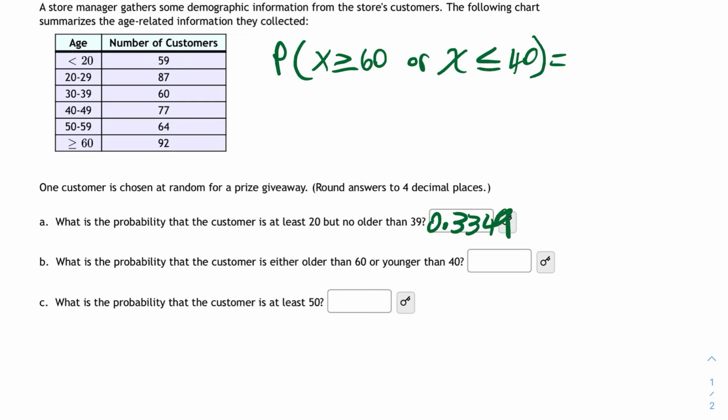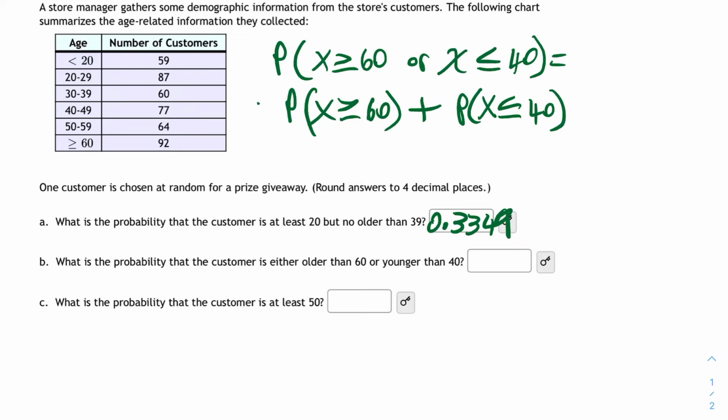So all I have to do to find the probability is add the probability of being greater than or equal to 60 to the probability of being less than or equal to 40. So let's see. The probability that the customer is greater than or equal to 60 would be these 92 people.